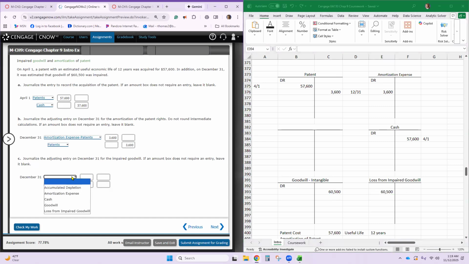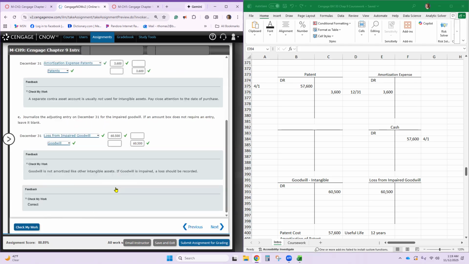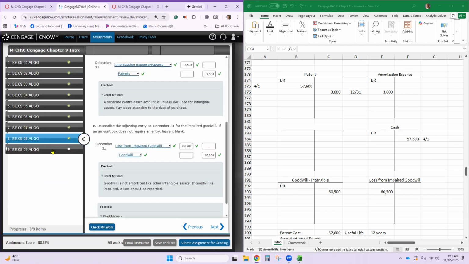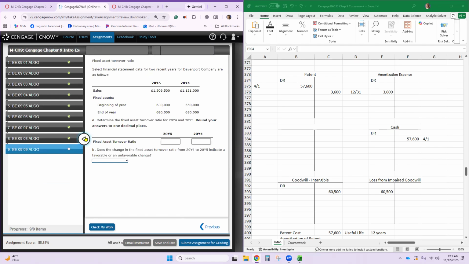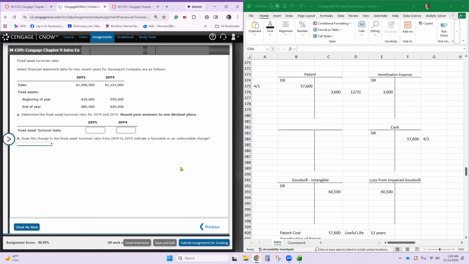Okay, so it's going to be a loss when that happens. So we're going to debit the loss from impaired goodwill, and then we're going to make that goodwill go down. Now, we don't know how much the goodwill is worth. It doesn't matter. We're just going to record the impairment. And impairment means that something has happened to our reputation as a business. Suppose if this increases, then it would be a gain of goodwill.